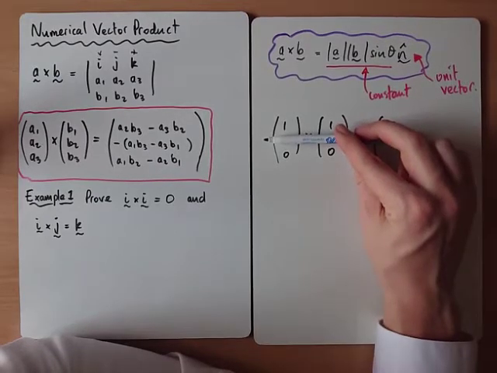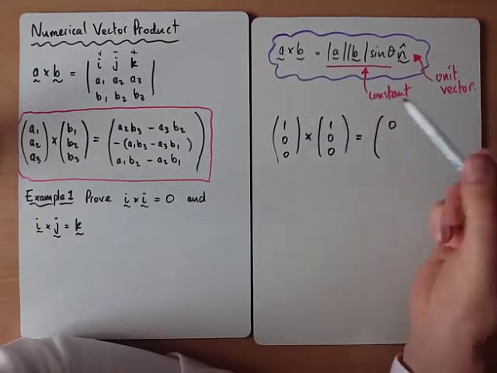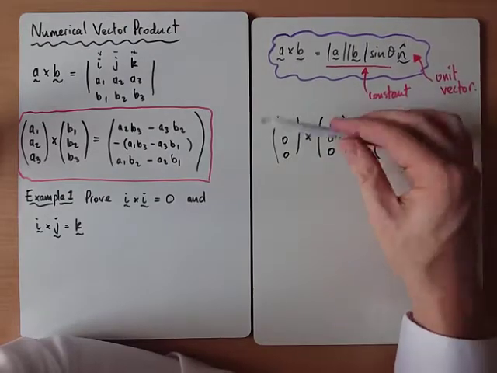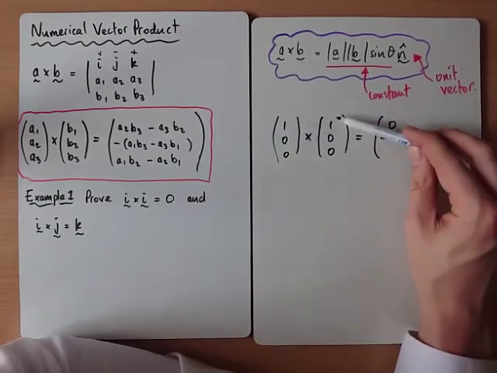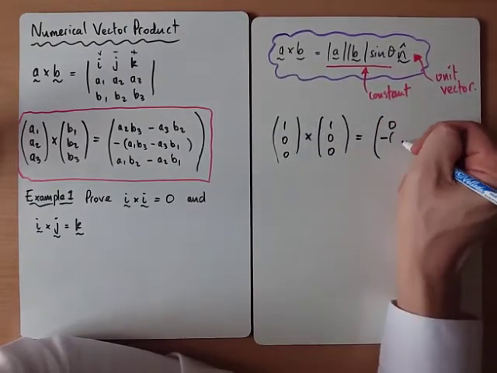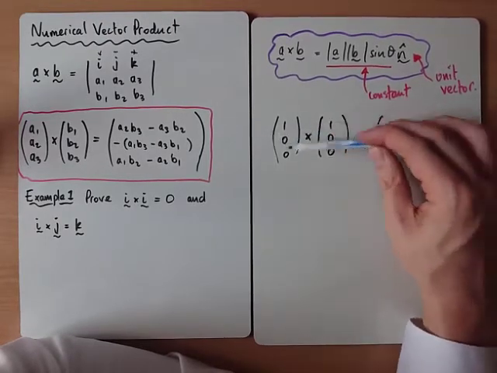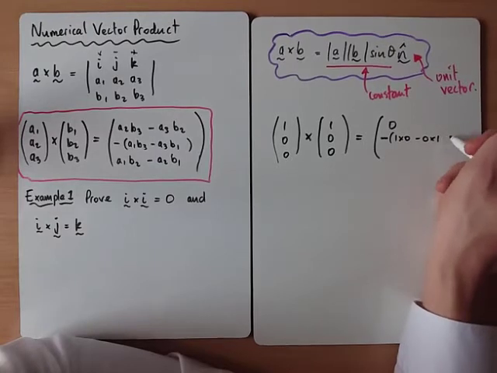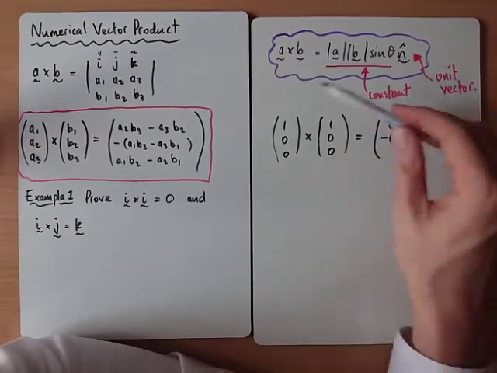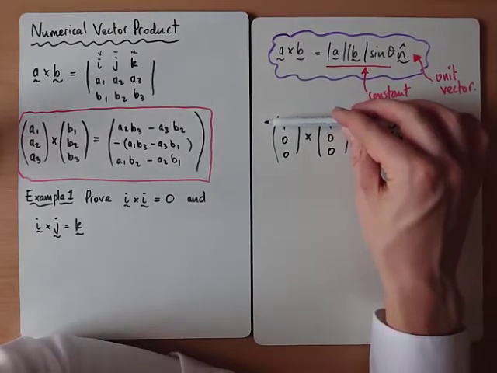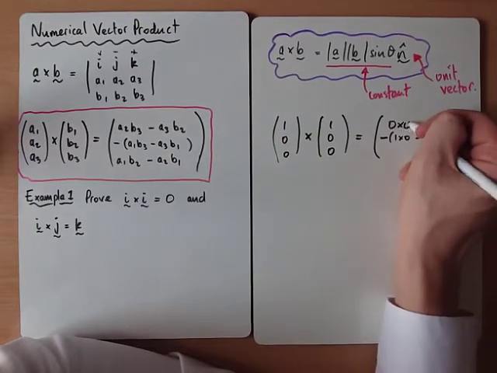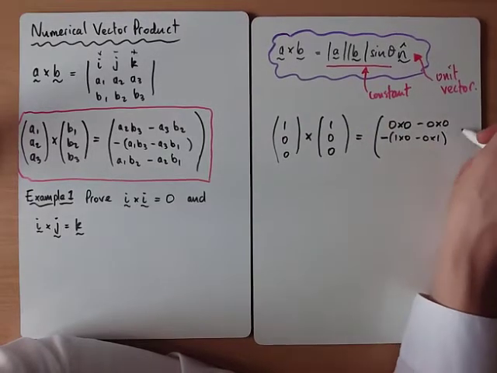Cover up the middle row, you've got minus 1 times 0 minus 1 times 0. I suppose with it being a proof question, I should maybe show where this is coming from. So that would be 0 times 0 minus 0 times 0.